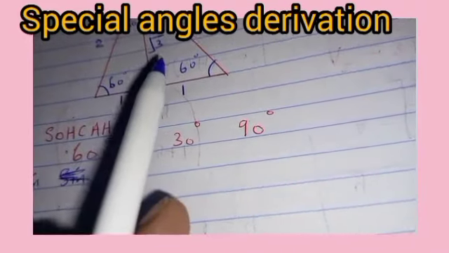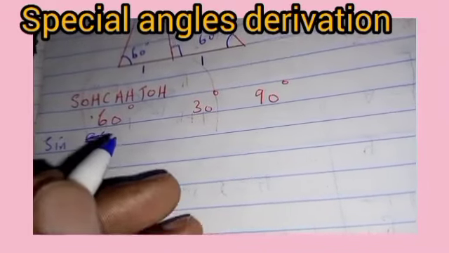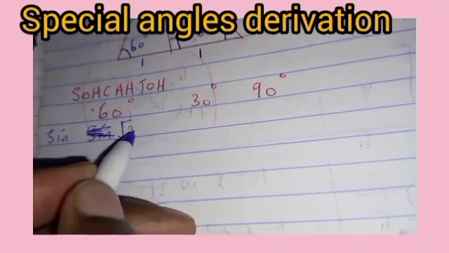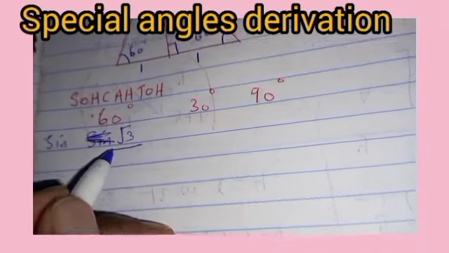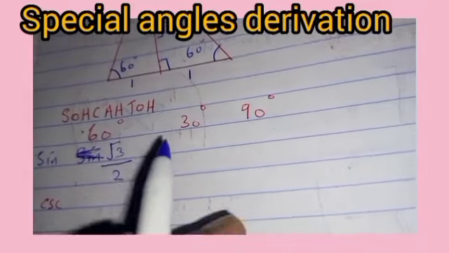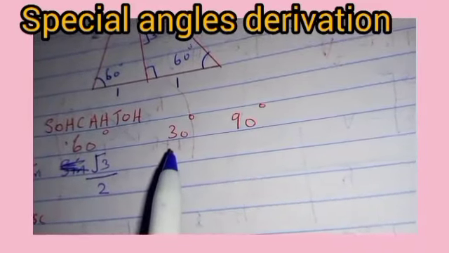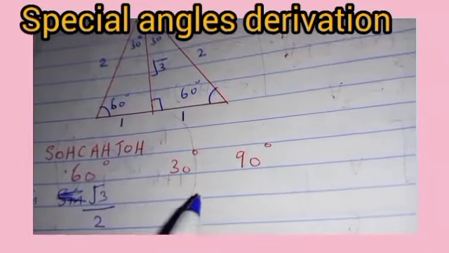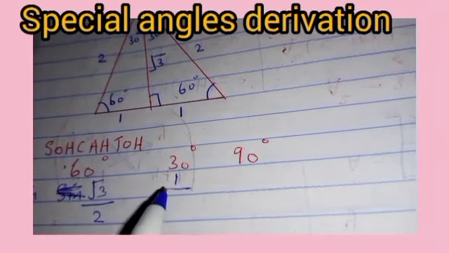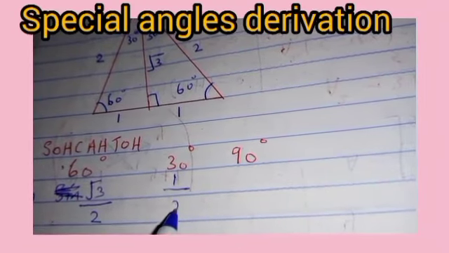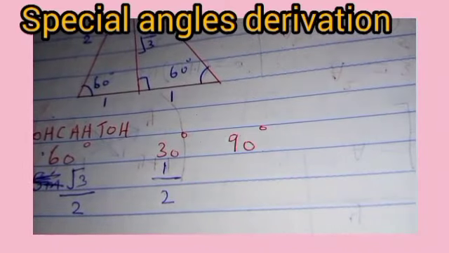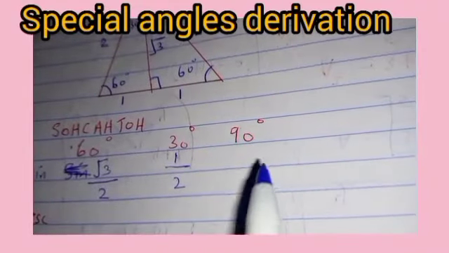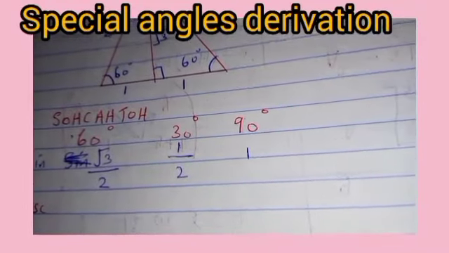Our opposite is root 3, so here we are going to have root 3 divided by hypotenuse, which is 2. Sine of 30 will be given by opposite, which is 1, divided by hypotenuse, which is 2. Sine of 90 degrees will be equal to 1.